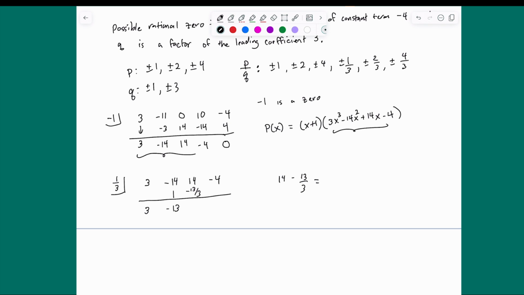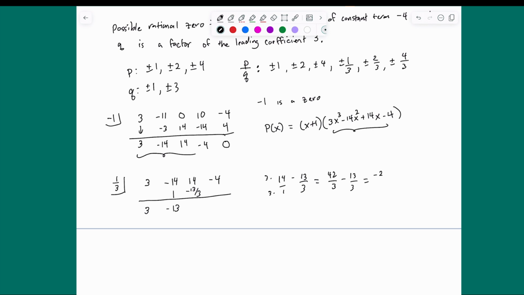Let's find a common denominator, which would be 3. So top and bottom by 3 here. So we get 42 over 3 minus 13 over 3. Let me take a calculator here and try that, so I don't make an error. Let's see, 42 minus 13 gives us 29.